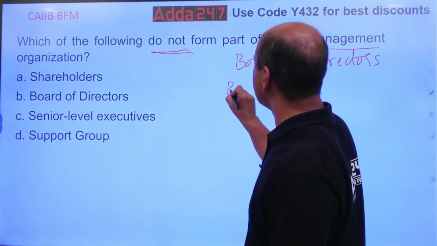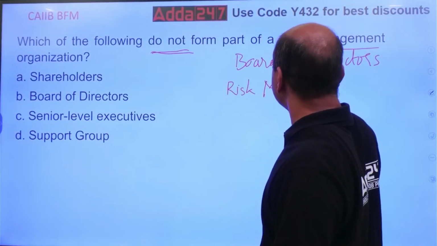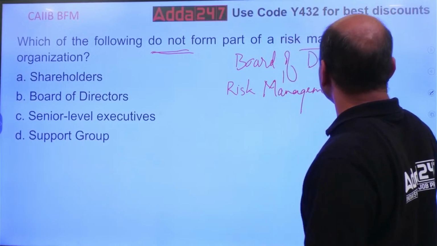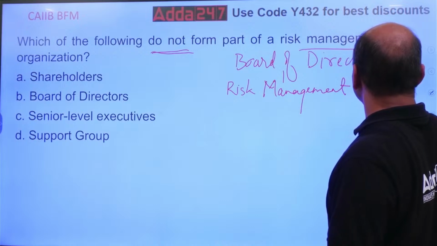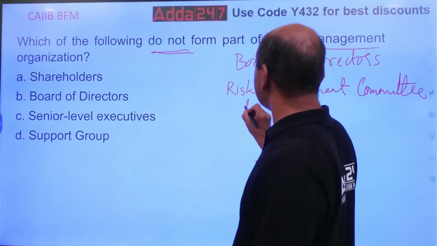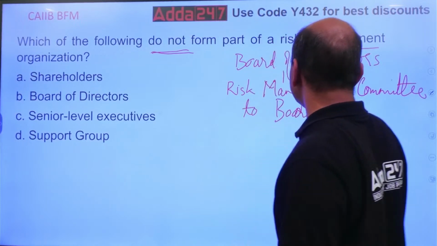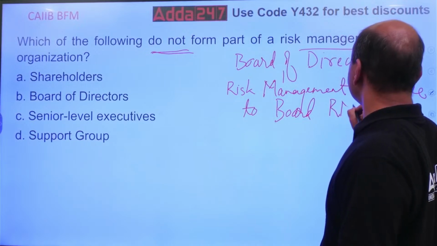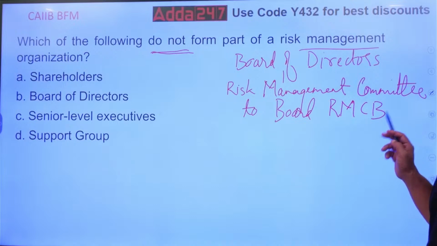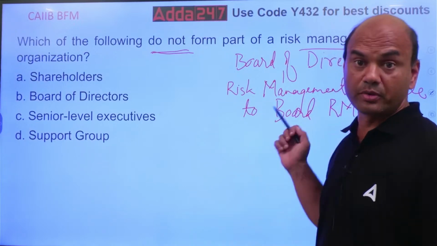Risk management committee to board. This is known as full form. This is a full form of RMCB. Okay. This is a committee of risk management to board, reporting to board. That's important. Reporting to board.